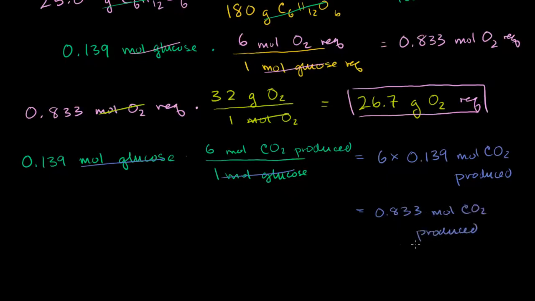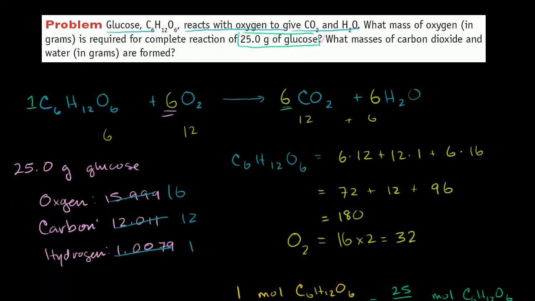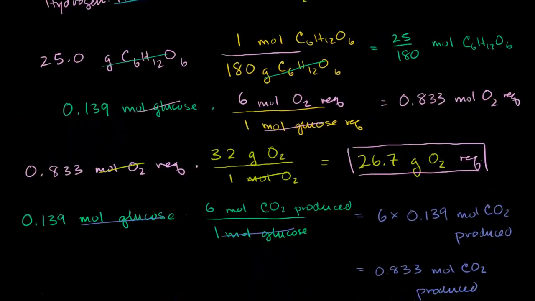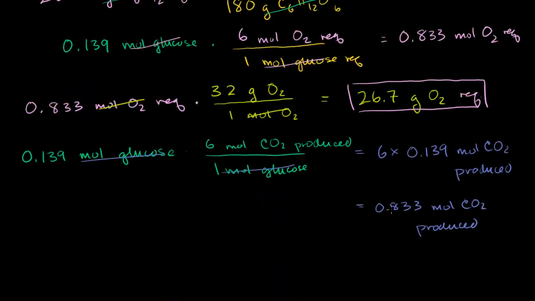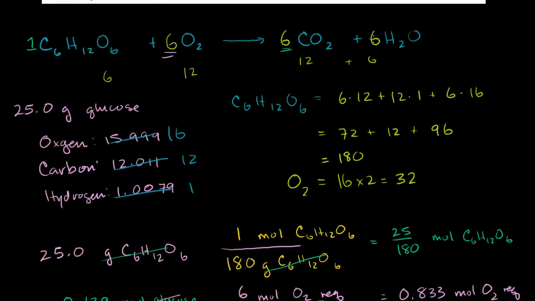We've already done that calculation. And actually, I won't skip too many steps, but we see over here, for every 1 mole of glucose, 6 moles of this, 6 moles of this, and 6 moles of that. So that's why we had the 0.833 moles of oxygen, and we're also getting the 0.833 moles of carbon dioxide. If we did the exact same thing, we would perform the exact same calculation.